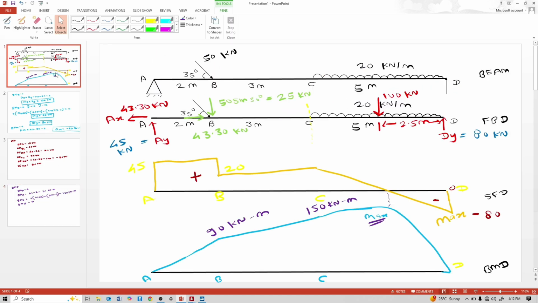So for that, consider this as X. Use the easy way.